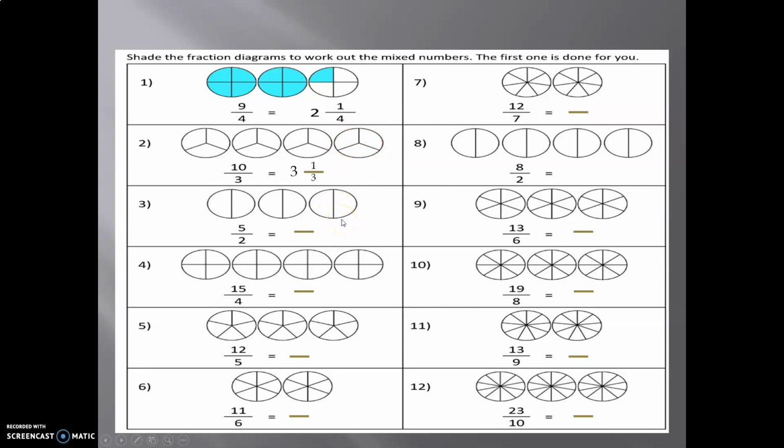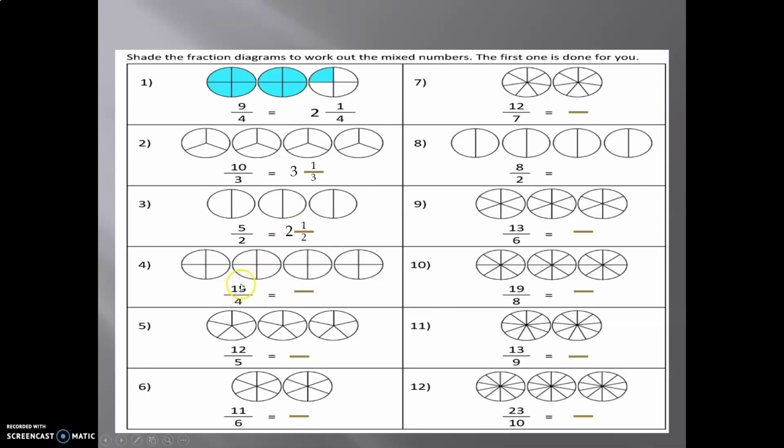Let's go to number 3. 5 out of 2. So I need to color 5 parts. 1, 2, 3, 4, 5. It means I finished 2 shapes, and from shape number 3, I will just take 1 out of 2. Let's go down to number 4.